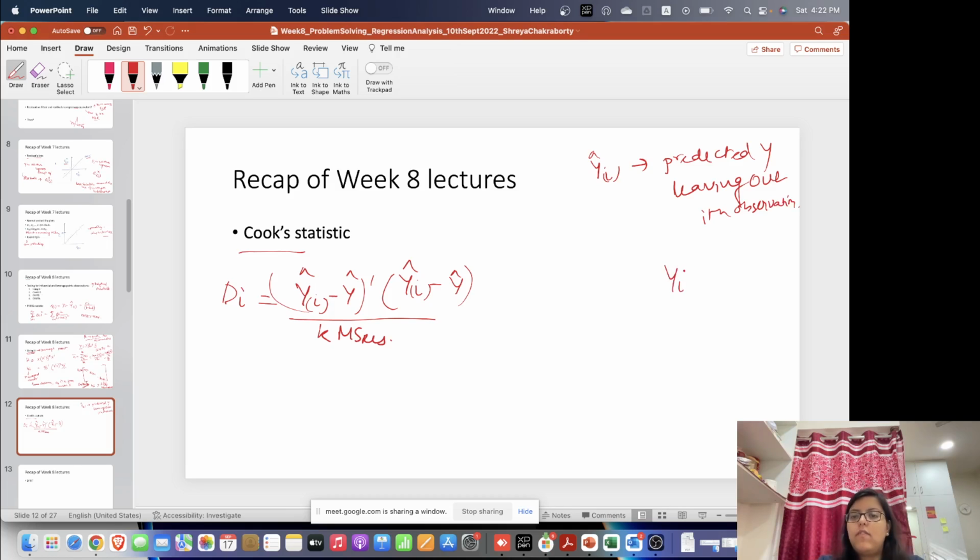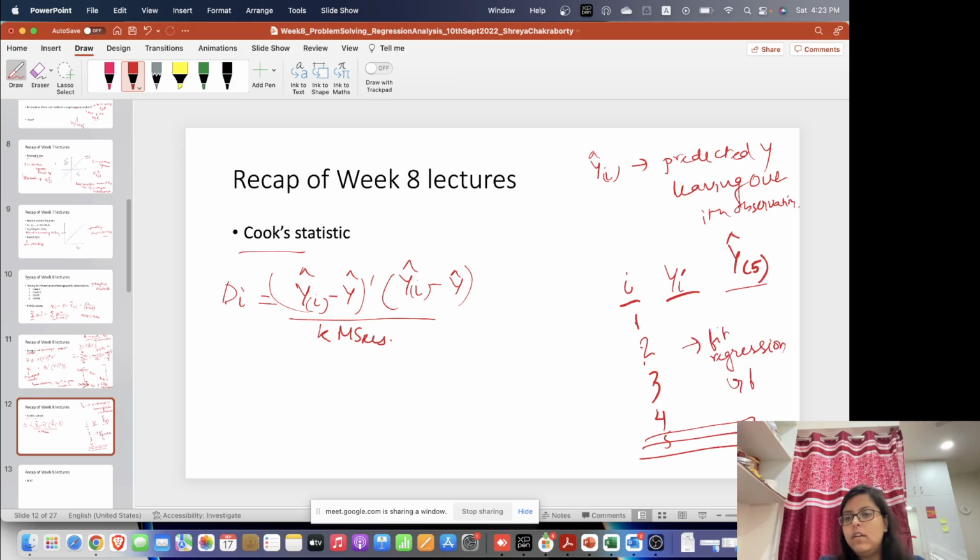That is, let's say we have observations 1, 2, 3, 4, 5, then y5 hat would be, if I just remove this one from the set, and with the remaining observations I fit the regression and get the fitted value at x5. That will be my y5 hat.